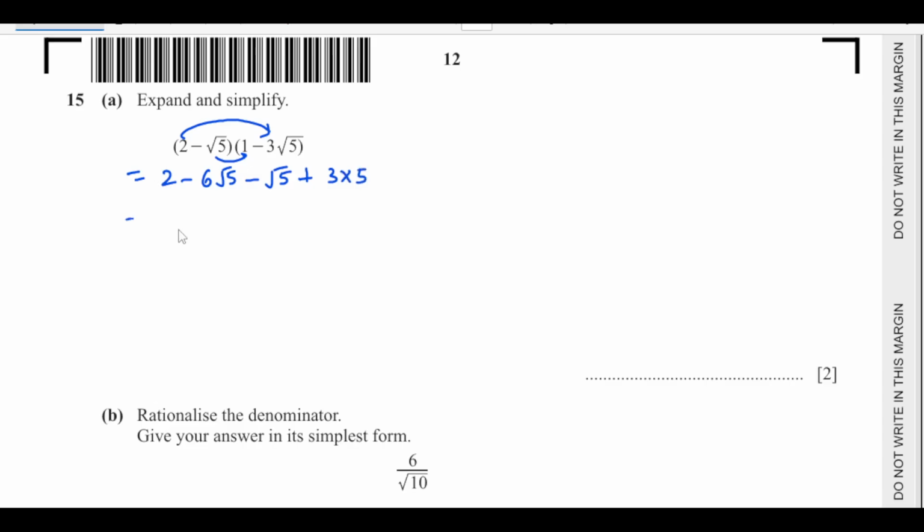Okay, so now we have 2 minus 6 root 5 minus root 5 plus 15. Okay, so this is 17, and when you add negative 6 and negative 1 root 5, this is negative 7 root 5. So that is the final answer.